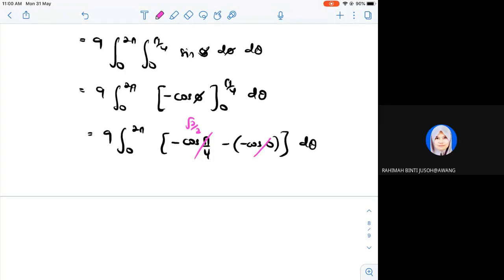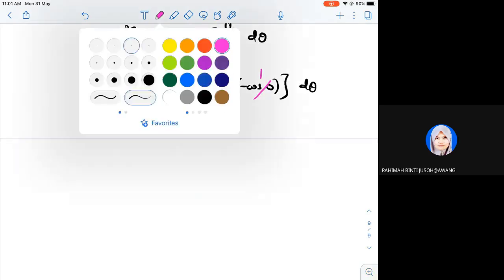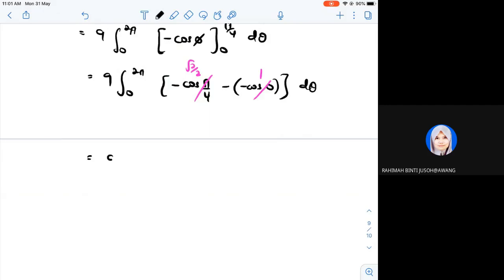You can put your answer up to 3 decimal places. And cos 0 equals 1. So we have 9, 0 until 2 pi, negative square root 2 over 2, minus minus becomes plus 1, d theta.